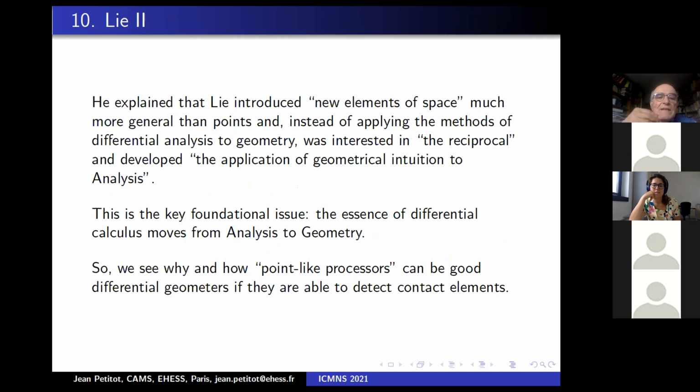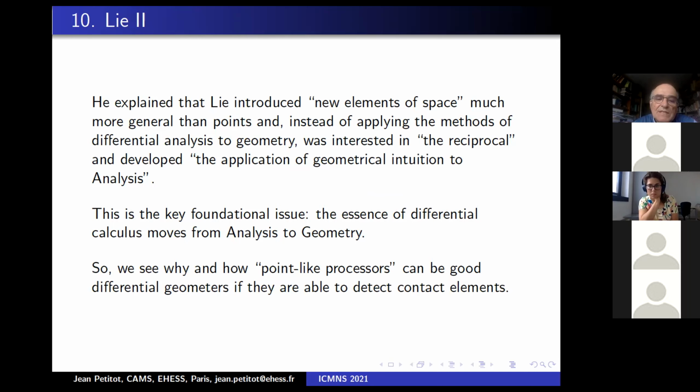He explains that Lie introduced new elements of space, much more general than points, and instead of applying the methods of differential analysis to geometry, was interested in the reciprocal and developed the application of geometrical intuition to analysis.